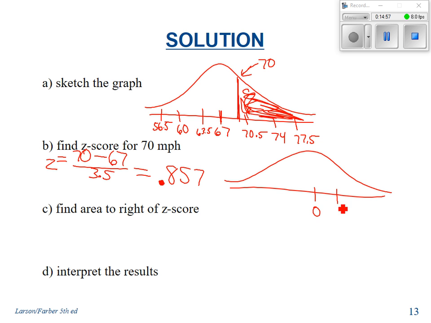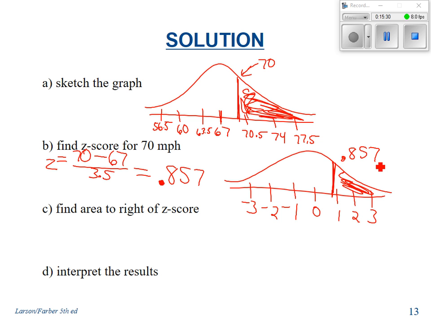We'd have 1 here, 2 here, 3 here, -1, -2, -3. This is for z-scores, same curve, just 2 different sets of numbers. We're going to be right about in here at 0.857. These two graphs are exactly the same, just one in raw scores, one in z-scores.